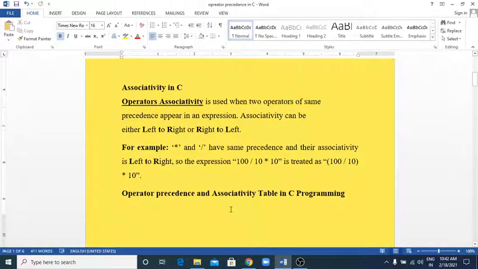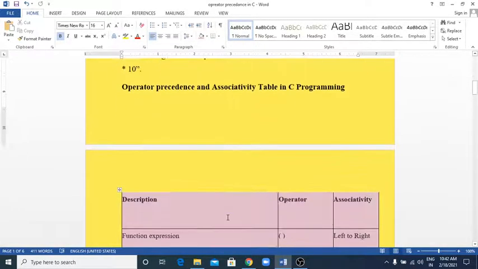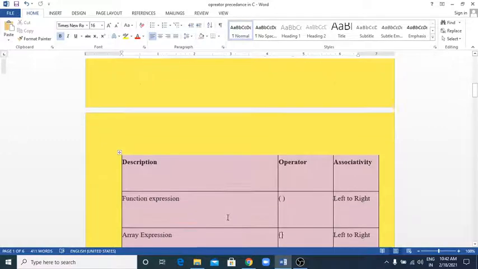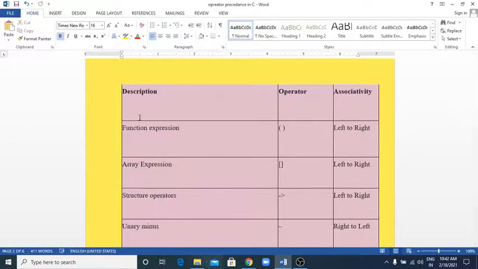So here is the operator precedence and associativity table in C programming. That means all the operators are described here, with the description of operators and their associativity. The function expression, that means the opening and closing brackets: when we solve an expression, if there are brackets in the expression, then the brackets will be solved first.